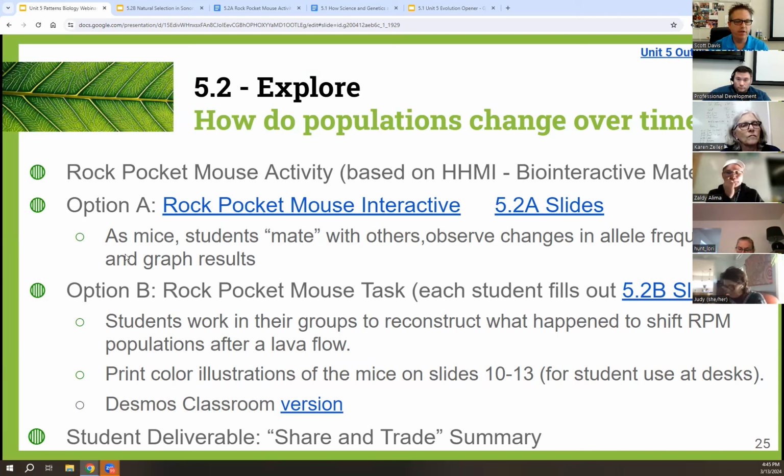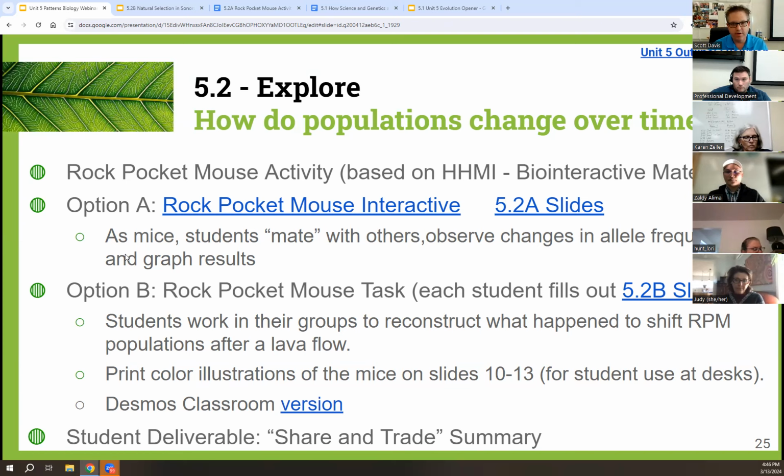If you'll note at the bottom of the version for option B, there's a share and trade activity. What students do is they write a summary of what they saw based on the data that they collected and graphed. To the best of their ability, in one sitting, they write down what they saw in a summary, and then they meet up with another student in the class and trade sentences.